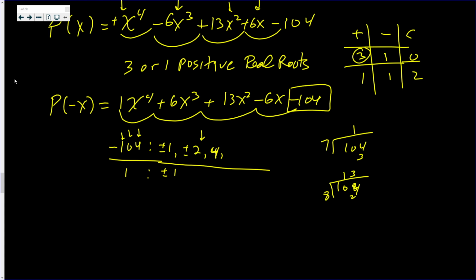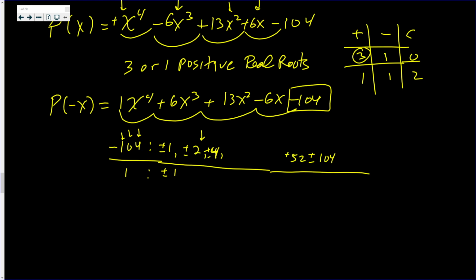So, in fact, what we should do is: 1 went in 104 times. 2 went in 52 times. 4 went in 26 times.